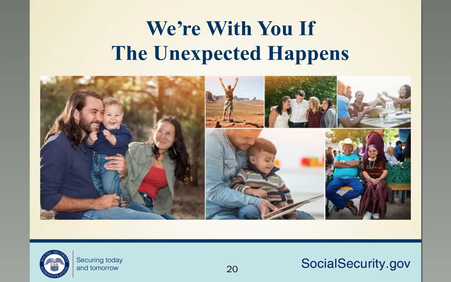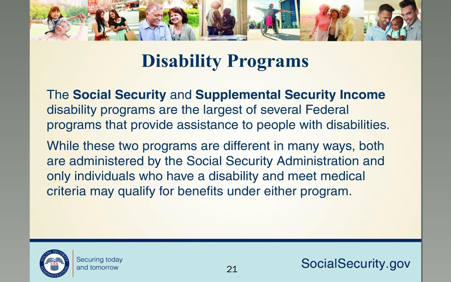Now then, I want to go ahead and jump in and talk about Social Security disability benefits. Now then, you may know, or you may not know, that Social Security actually administers two different disability programs. One of them is called Social Security Disability. That program is based on your work and how much you paid into the program.